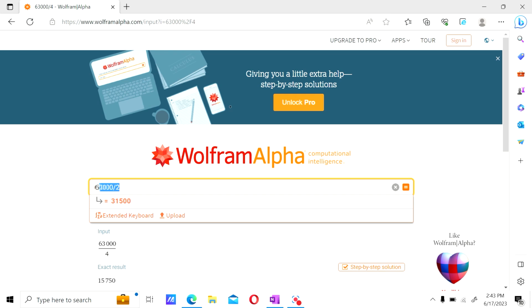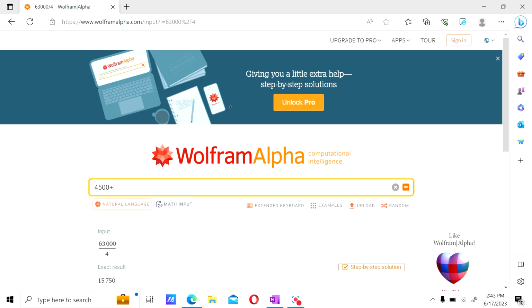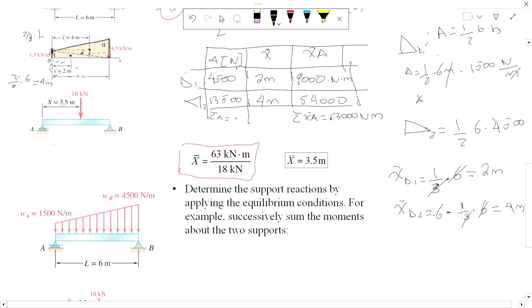So let's do that. 4,500 and plus 13. It's 18,000 newtons. Summation of area is 18,000 newtons.